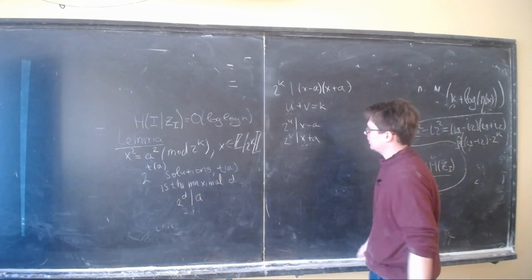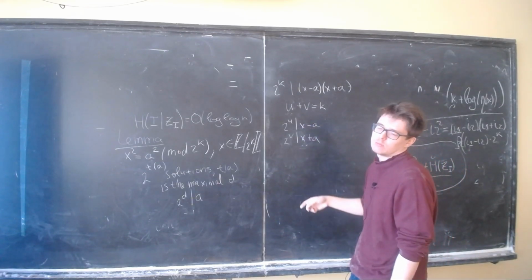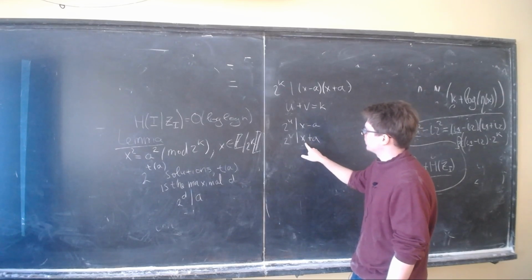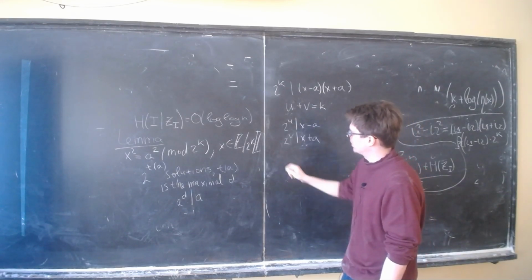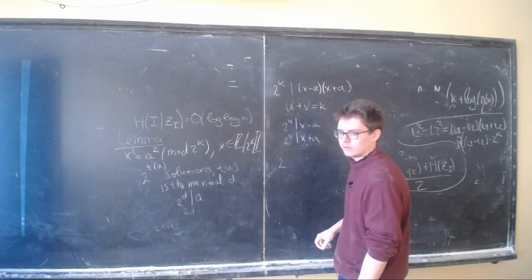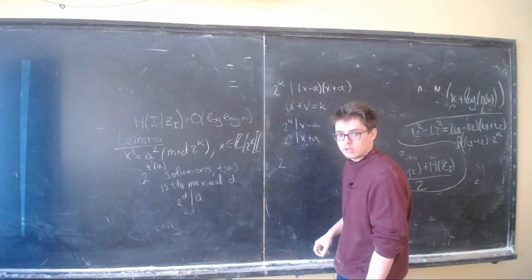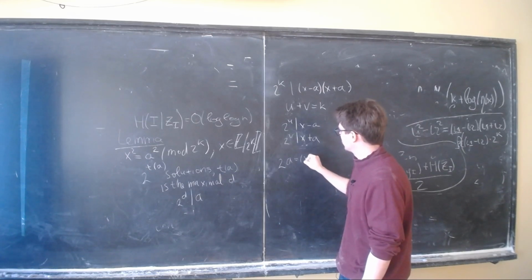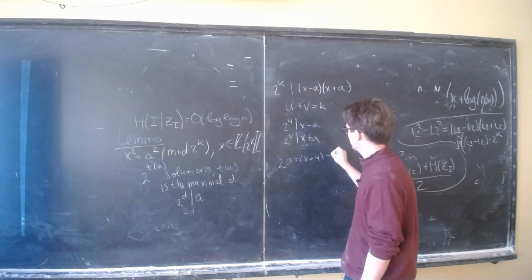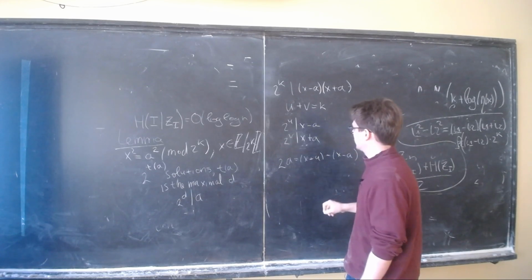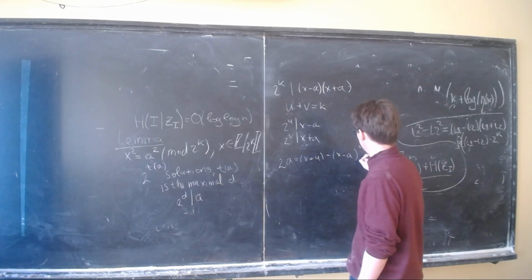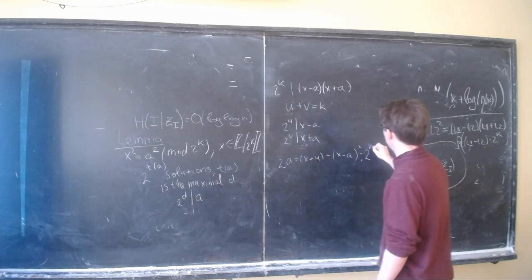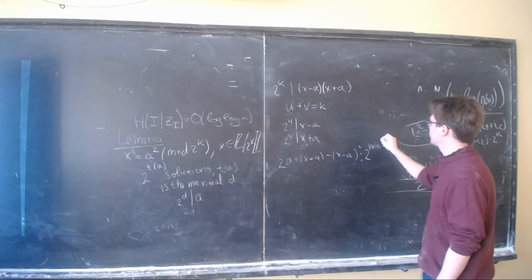Now, if I take this thing minus this thing, then the resulting thing will be 2a. Okay. 2a is equal to x plus a minus x minus a. And this thing is divisible by 2 to the minimum of u and v.